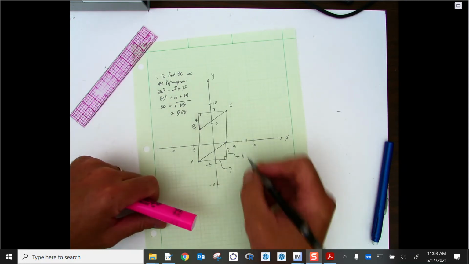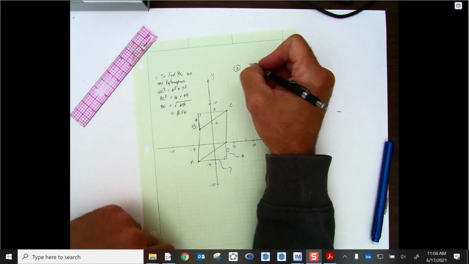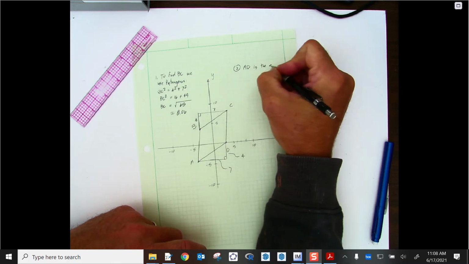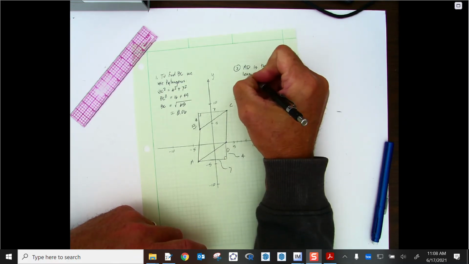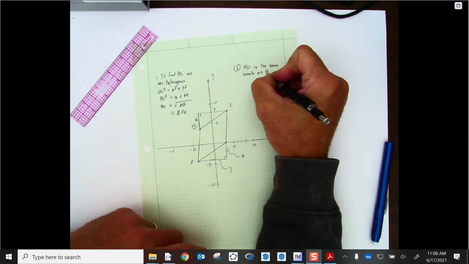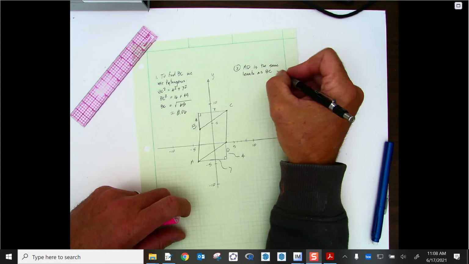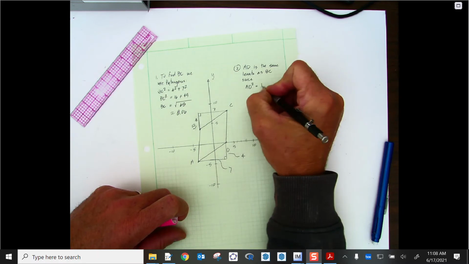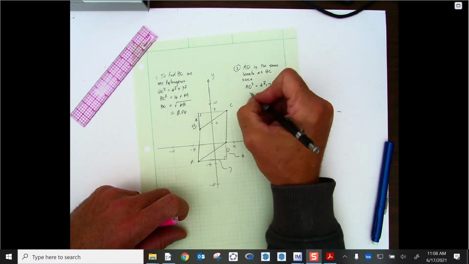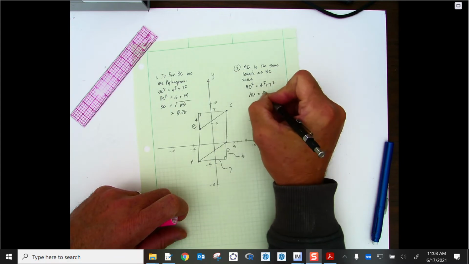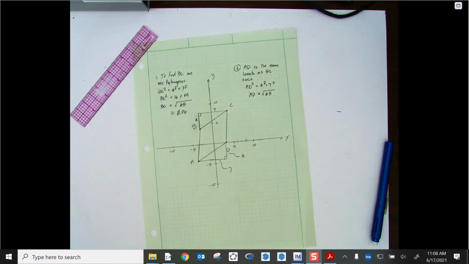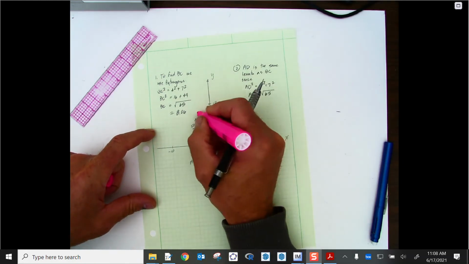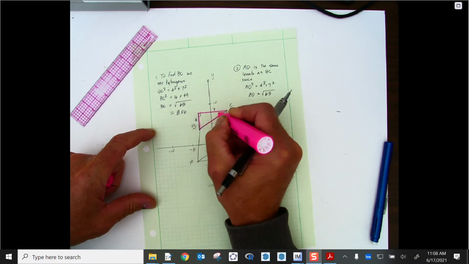So for number 2, I would say that AD is the same length as BC, since AD squared is going to be equal to 4 squared plus 7 squared, or AD is the square root of 65. So it's pretty easy to see that these two have exactly the same little triangle associated with them. I'll draw it in.